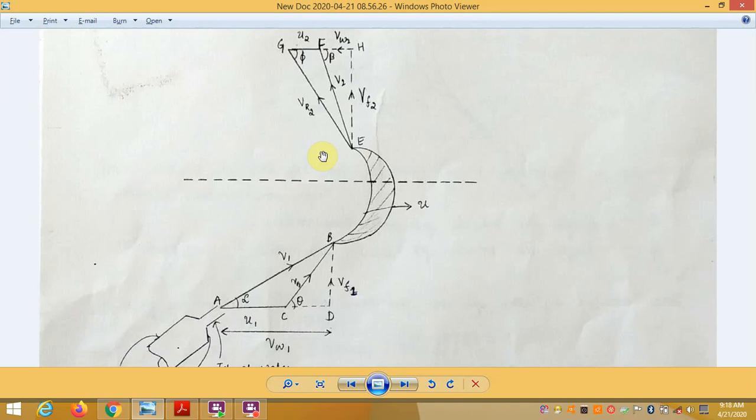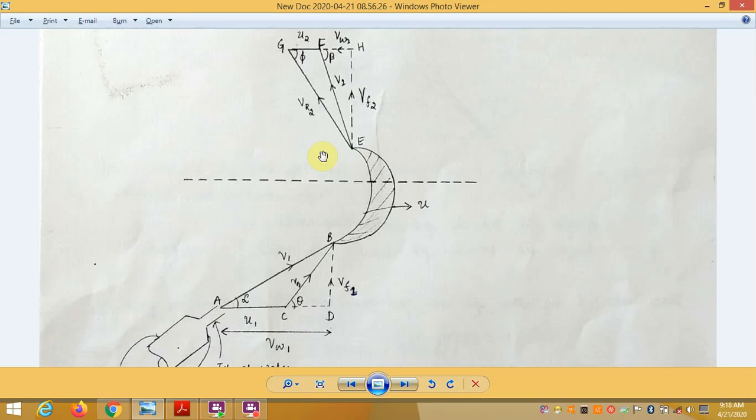Then, since the vane is moving, the jet will strike the vane with a relative velocity VR1 at inlet and VR2 at outlet. If the vane is smooth, then there is no shock. The jet of water leaves the vane with the same velocity as at the inlet.